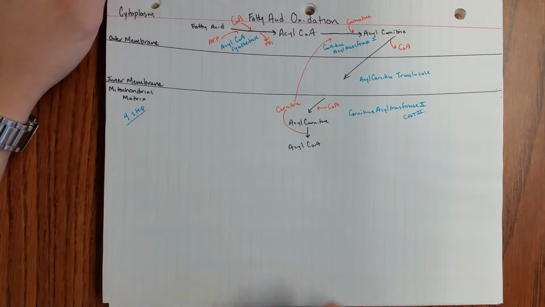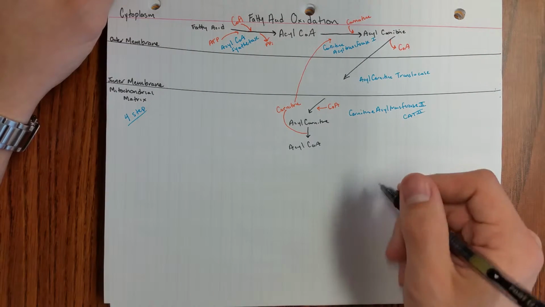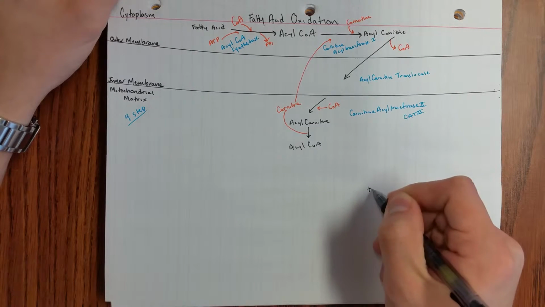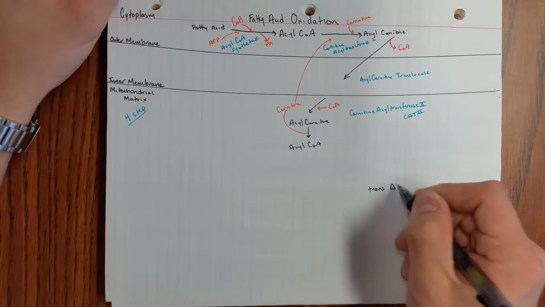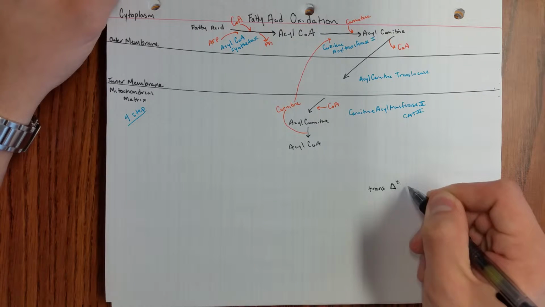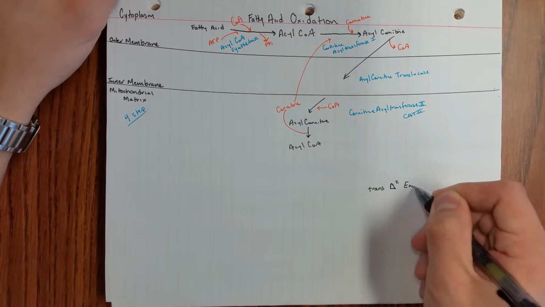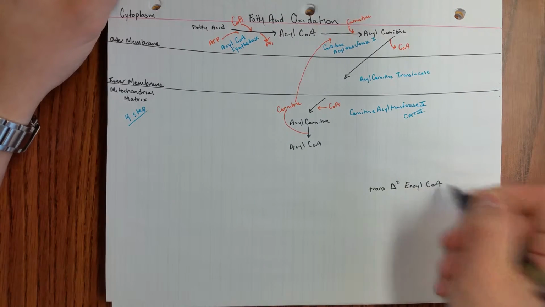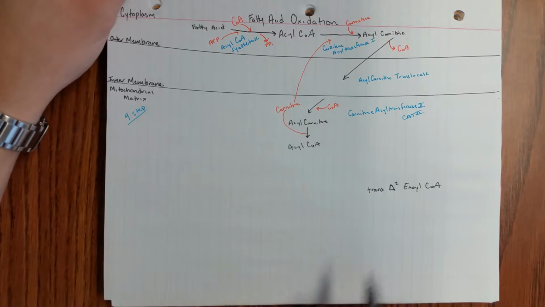So we have Acyl CoA. Acyl CoA will turn into trans delta 2 acyl CoA. Long, drawn-out word.